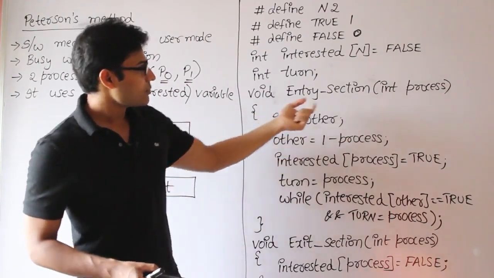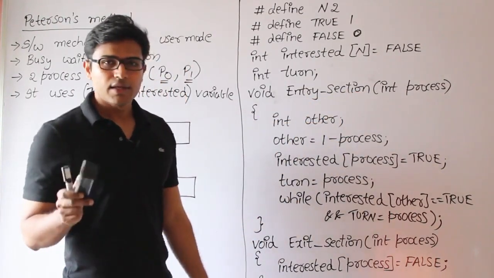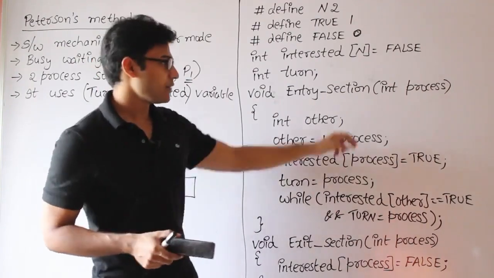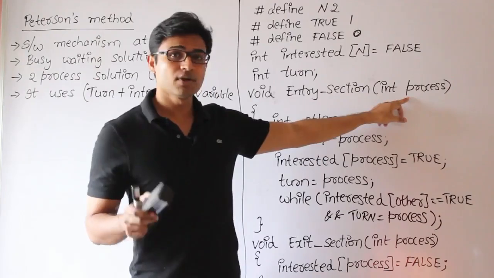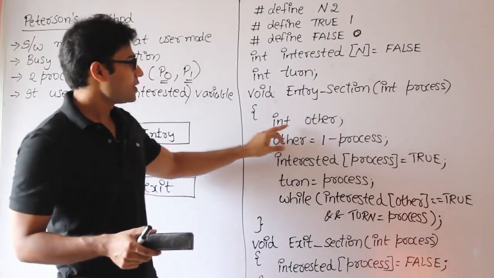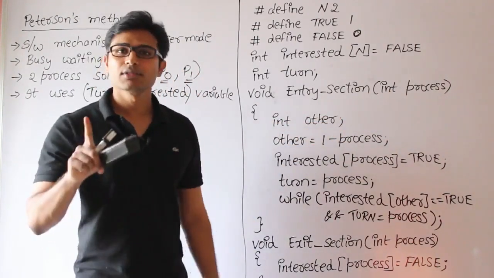So the concept of process and other works like this. If the process calling this function is P0, then the process number will be 0, and therefore the other process number will be 1 minus 0, which is nothing but 1.